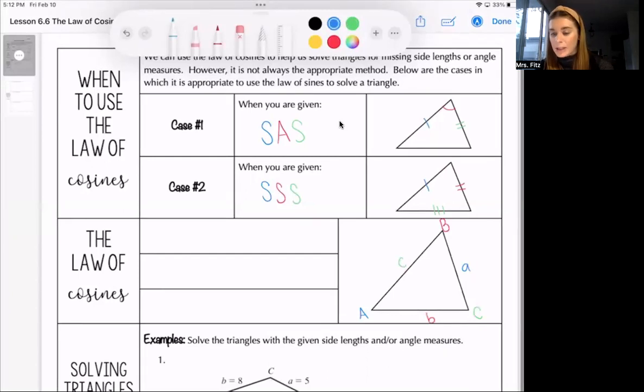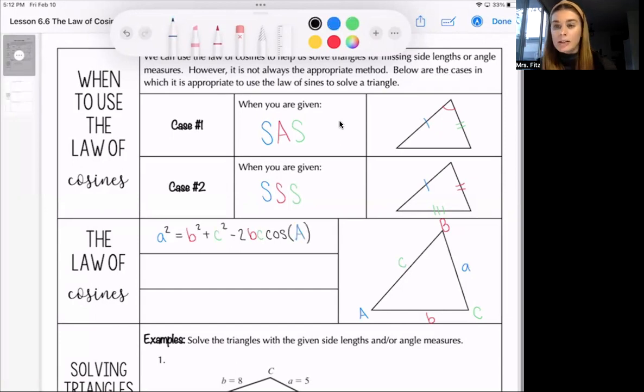Well, in that case, we could use the version of the formula that looks like this: a squared equals b squared, and we used red for b, plus c squared minus 2b times c, and then we have cosine of A. So basically the way this works, and this is your angle, right?